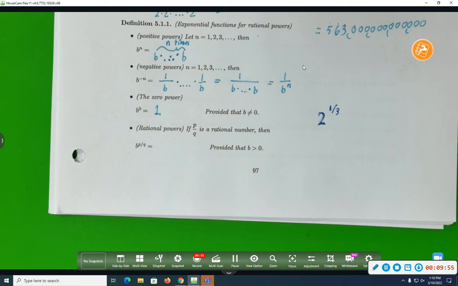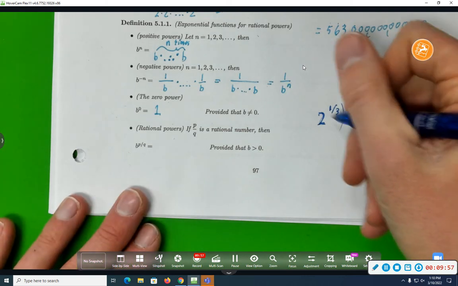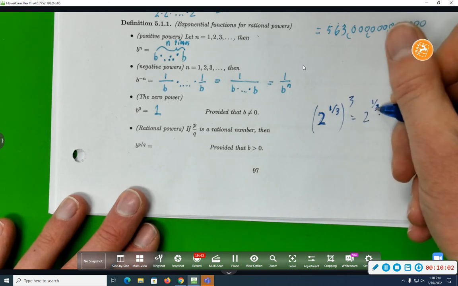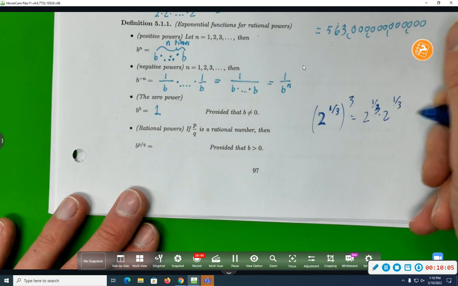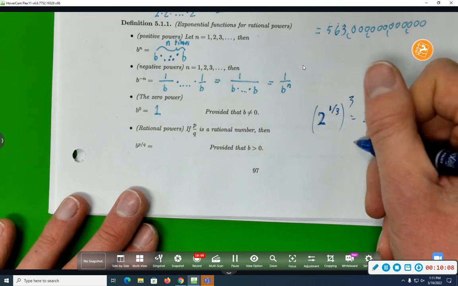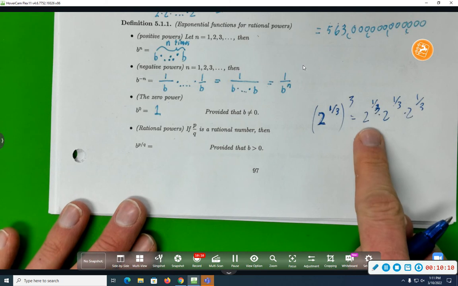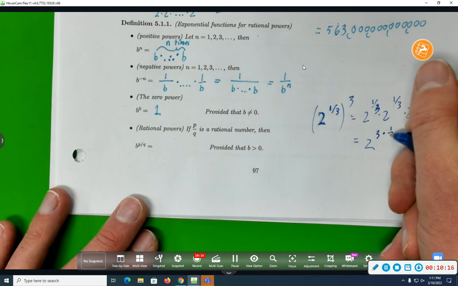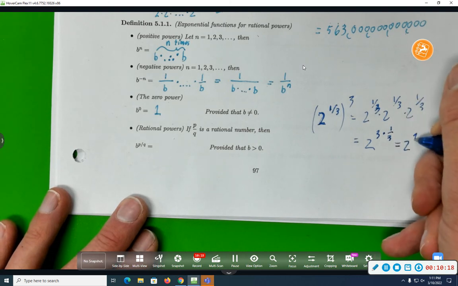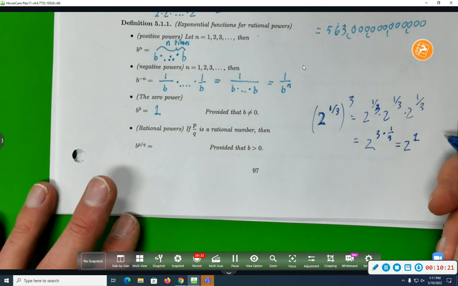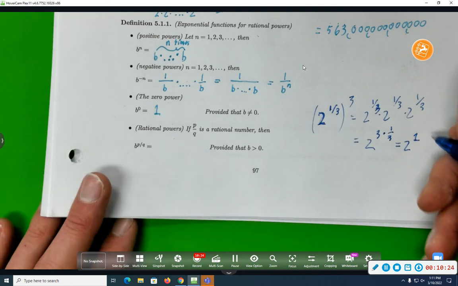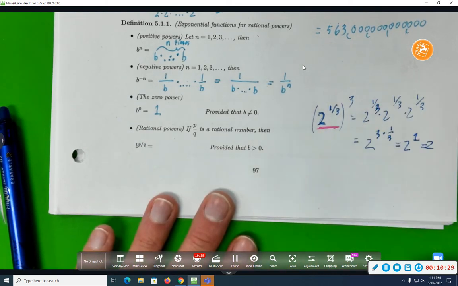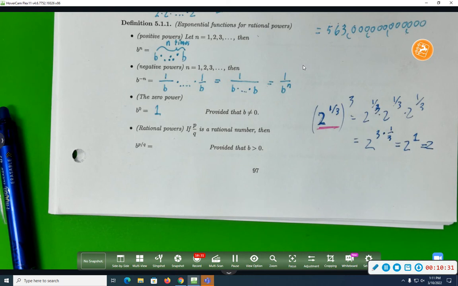Let's think of it this way. If I took 2 to the 1/3 and cubed it, that would be 2 to the 1/3 times 2 to the 1/3 times 2 to the 1/3. So that's like that many powers of 2, that many powers of 2, that many powers of 2. And what's 2 to the 1? It's just 2 again. Nice. So I want to know what 2 to the power 1/3 is. It's a number that when I cube it, I get 2 back.